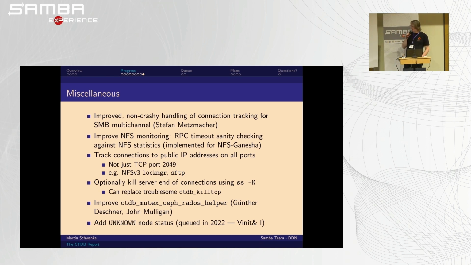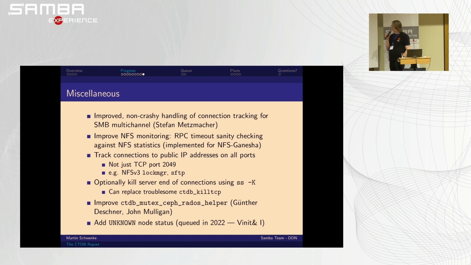A couple of years ago, somebody reported on the Samba technical mailing list that, say, a TCP connection to the NFS v3 lock manager service wasn't being tracked. So therefore, CTDB wouldn't do good resetting of that connection so that it could reconnect.